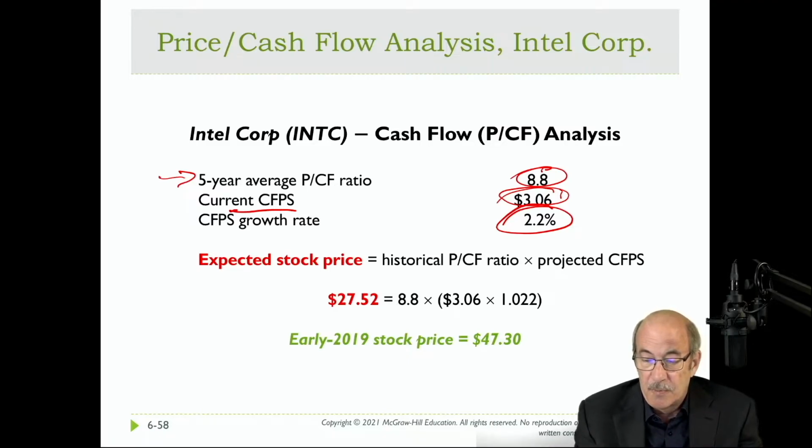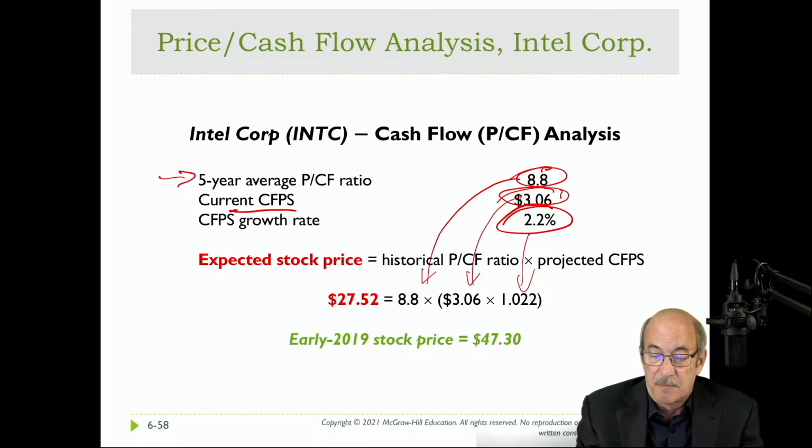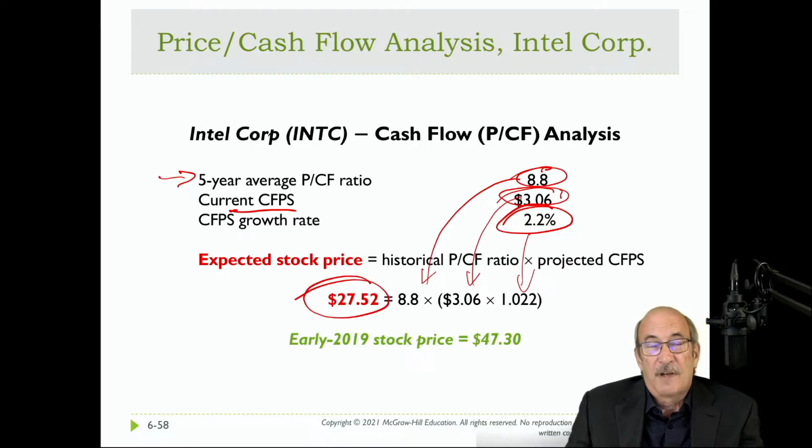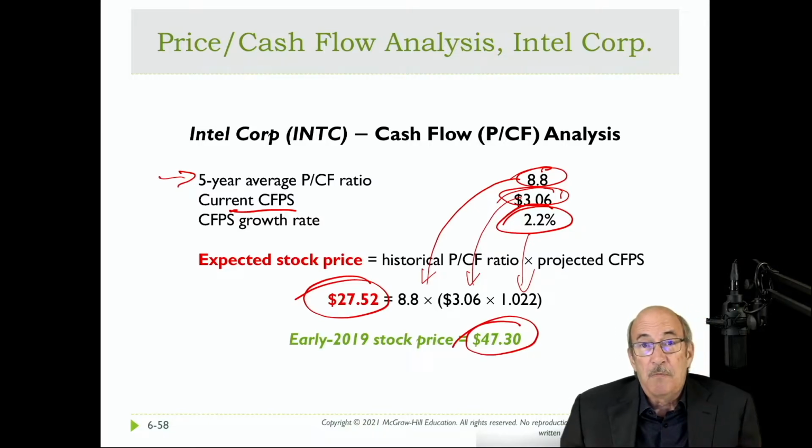And then again, we plug in that growth rate, we plug in that cash flow per share, and we multiply that by the price to cash flow ratio over the past 5 years, and we end up with a price estimate of $27.50.